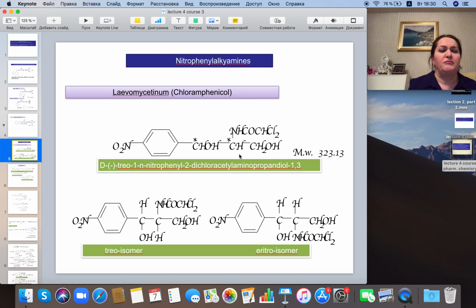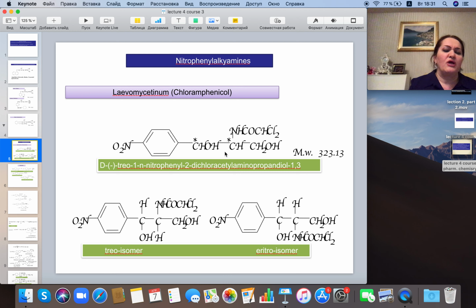Levomycin is produced by Streptomyces venezuelae, and it has this structure, with a nitro group in the para position. Levomycin has two asymmetric carbon atoms, and the active form, which is used in medicine as a drug, is the threo-1-para-nitrophenyl-2-dichloroacetylaminopropanediol-1,3.